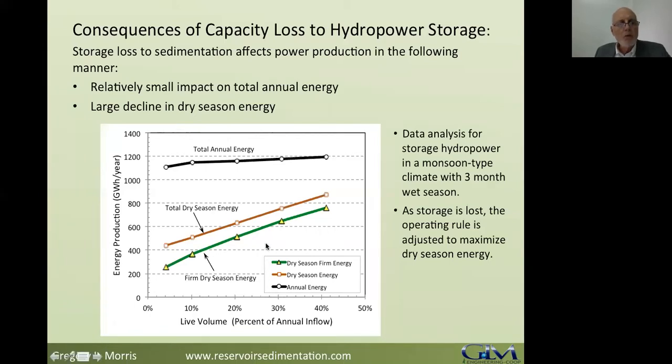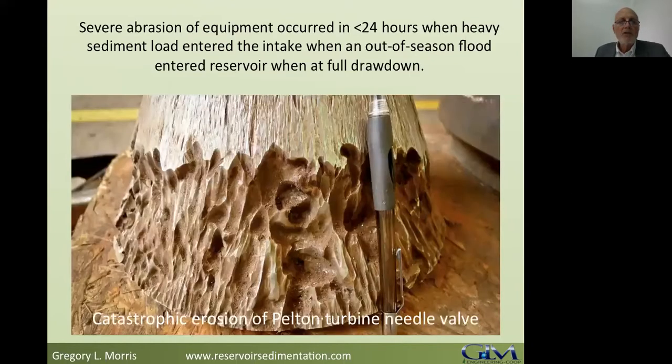This particular one is for a monsoon climate in Nepal. It's a storage reservoir. And you can see that even though the total annual energy doesn't reduce very much, your dry season energy and your firm power or firm energy is reduced dramatically. So you need to be a little bit conscious of the different variations and impacts that accompany sedimentation.